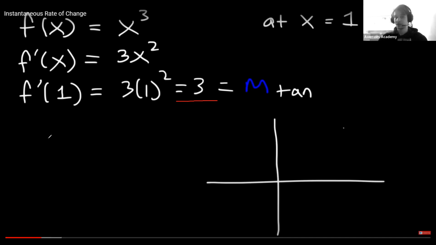The formula that we know is f of x1 plus h, subtract f of x1, divided by x1 plus h, subtract x1. So who would like to try this example using the formula known to us?